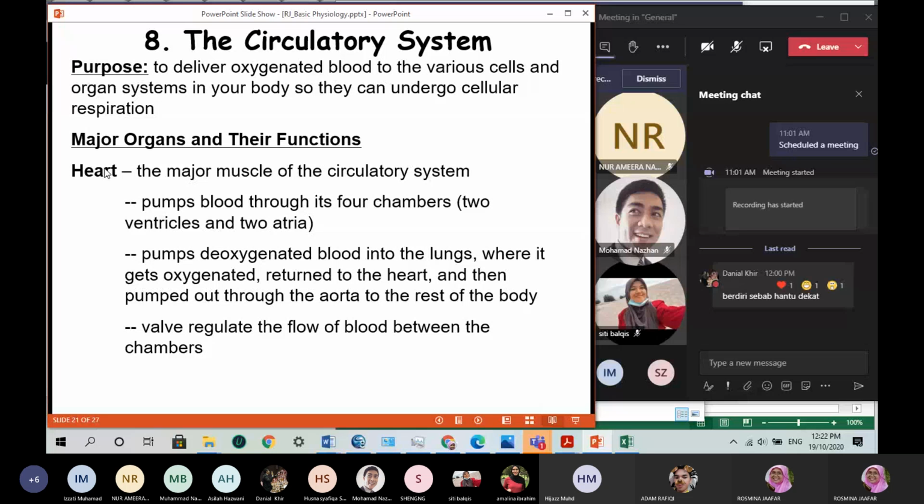And the heart actually pumps deoxygenated blood into the lungs, where it gets oxygenated by the respiratory system, and then returns to the heart, and then pumps back through the aorta to the rest of the body. So we call the rest of the body the systemic circulation. So you will have respiratory circulation, and you will have systemic circulation.